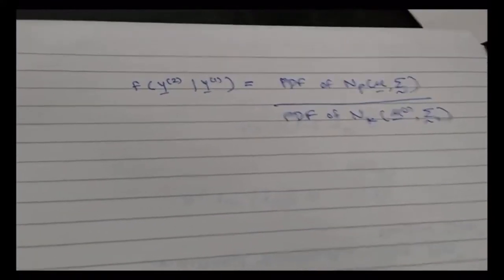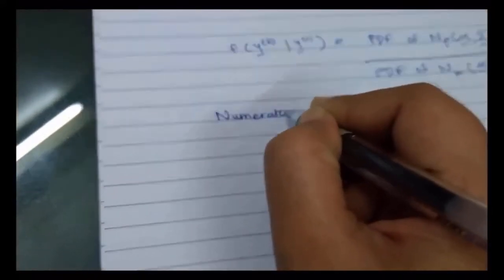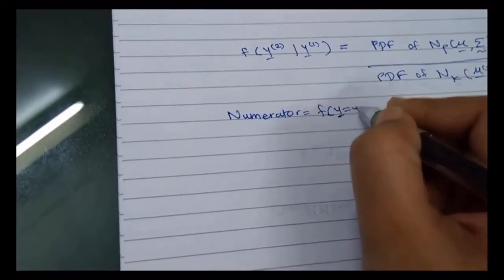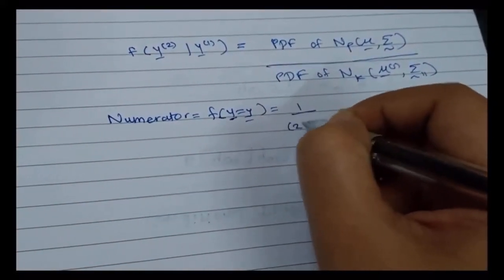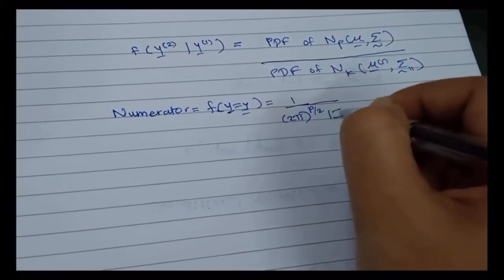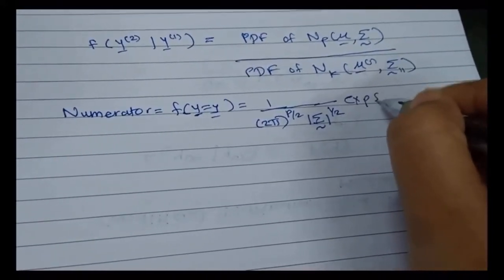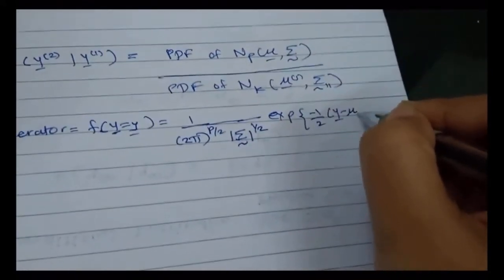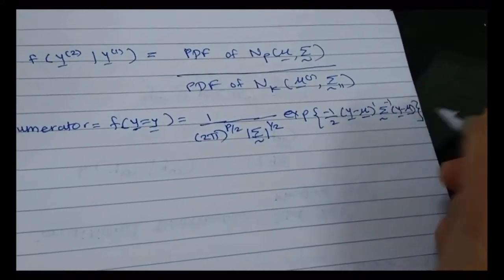So we can try to substitute. The numerator over here is f of vector y equal to small y. So this we know is going to be 1 upon (2 pi) raised to p by 2, determinant of sigma raised to half, and then e raised to minus half (y minus mu) prime sigma inverse (y minus mu).